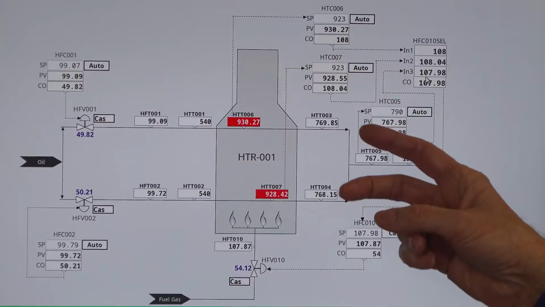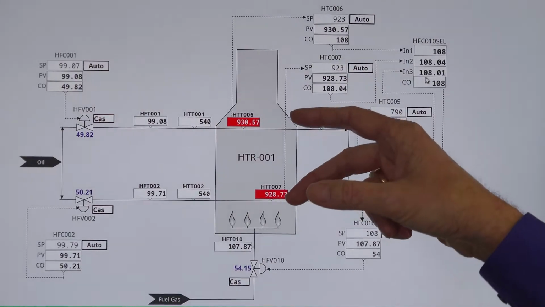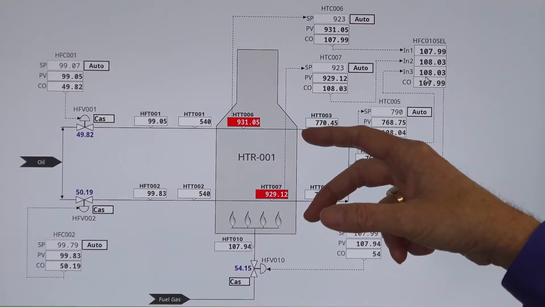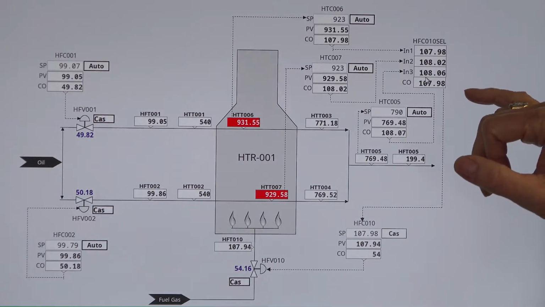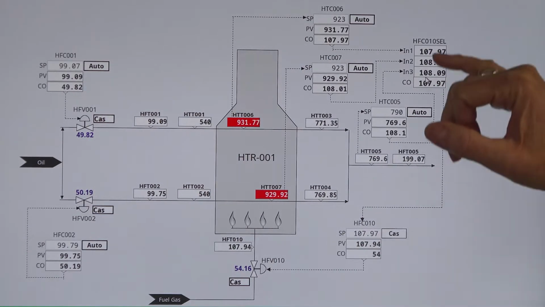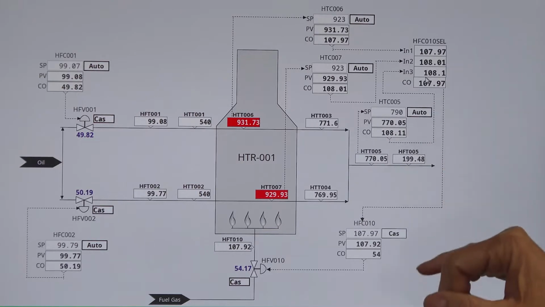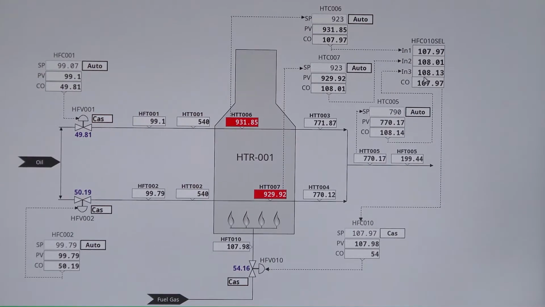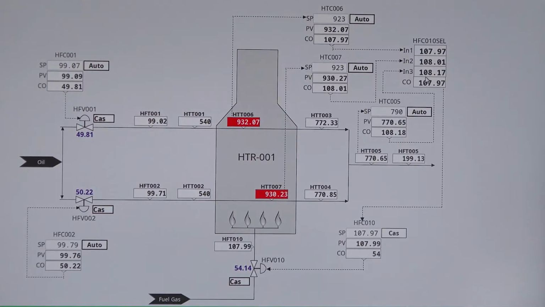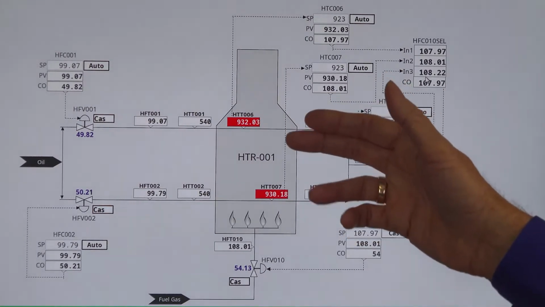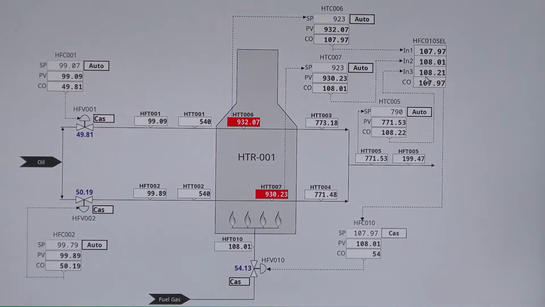Now, you may have noticed that we're above our limits now on the tube skin temperatures. And very shortly now, we'll be selecting the override. And once that happens, this control strategy prevents the tube skins from burning up too much, although it is violating a little bit the limit.